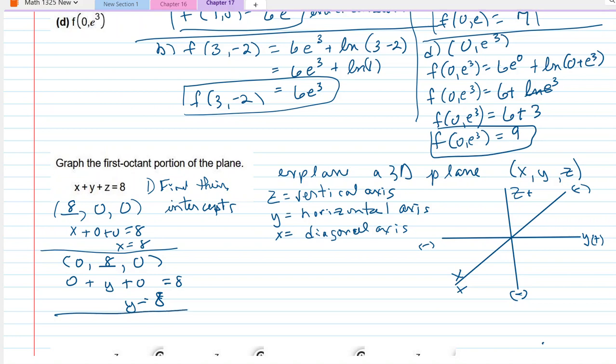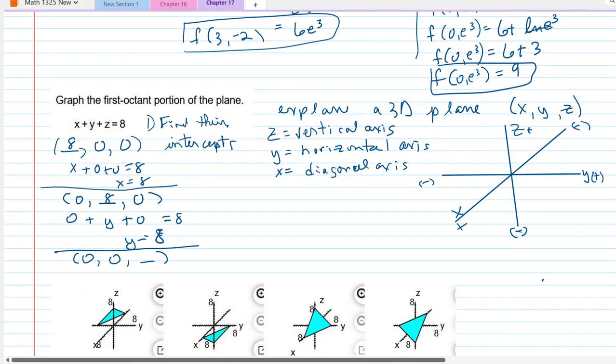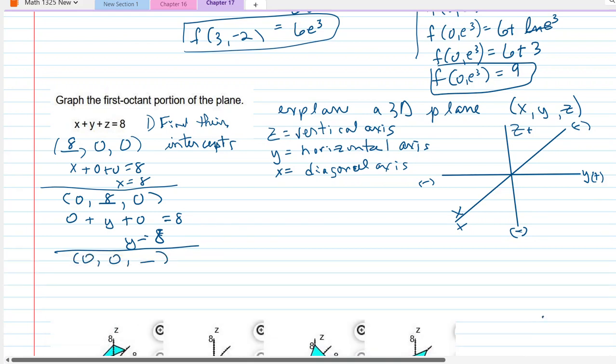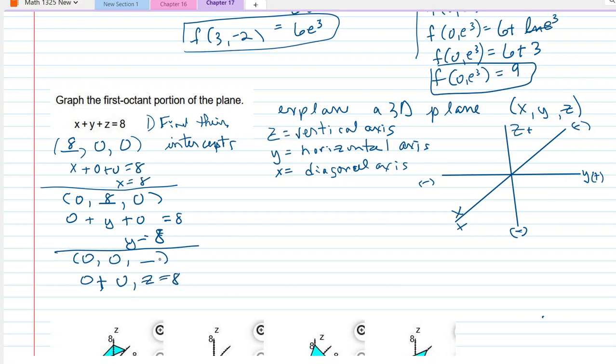Now we need the last one, which is our z. 0, 0, and our z. So in this case, we're going to have 0 for x, 0 for y, and our z is 8. These are all our intercepts.